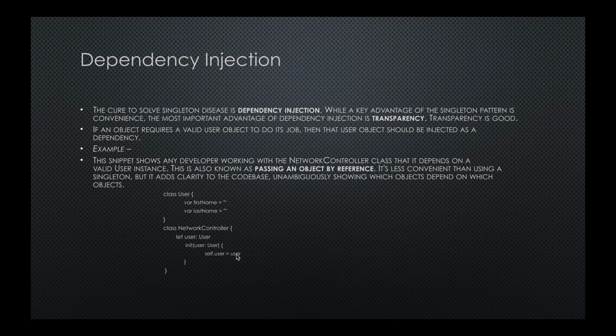If I use first name and last name, I know that it is coming from the user class. So dependency injection means you are injecting the dependency into another class. If an object requires a valid user object to do its job, then the user object should be injected as a dependency. It's a very small example.